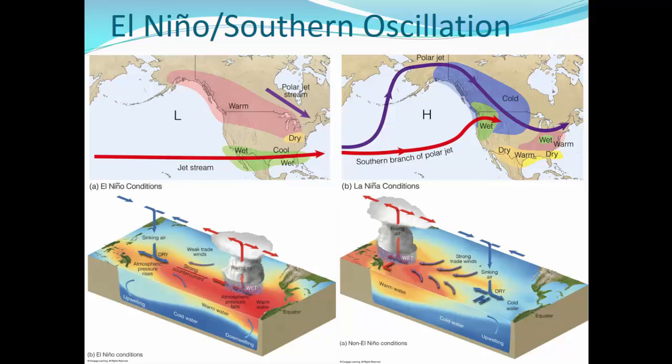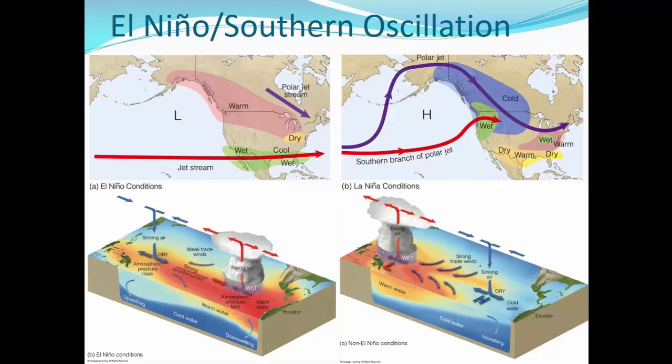And you have that water being pushed back toward the west, and all the warm water pooling and that low pressure to the west creating rising air. So that is your non-El Niño or La Niña conditions. And then on the left, that pressure pattern flips and all that warm water flows back down toward South America and Central America, and you get all that warm water in the eastern equatorial Pacific Ocean.